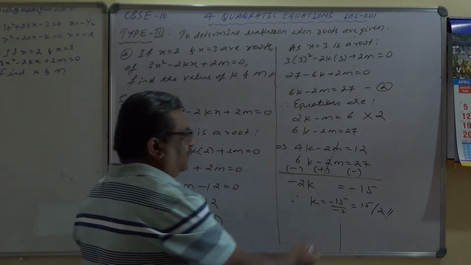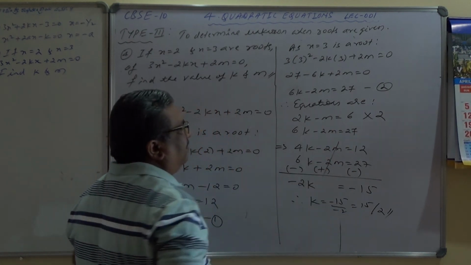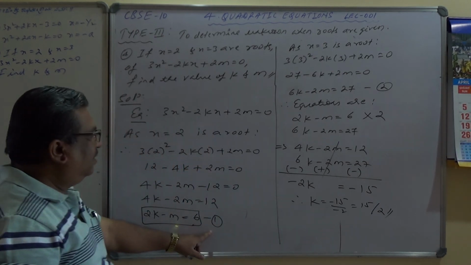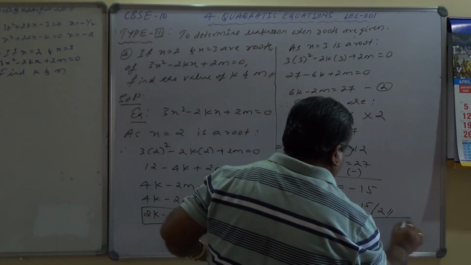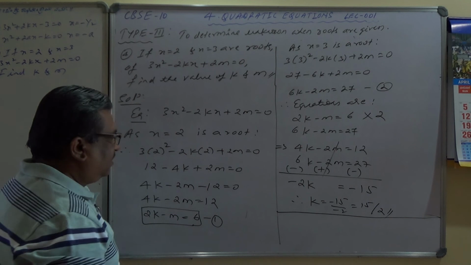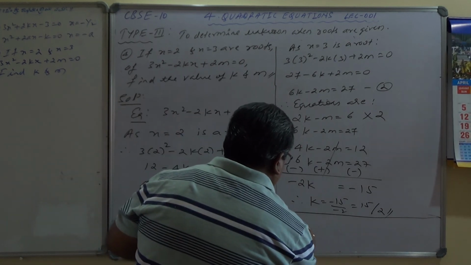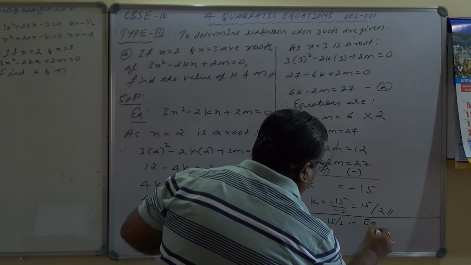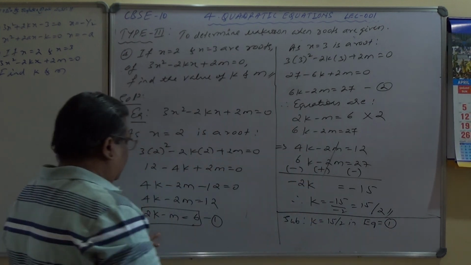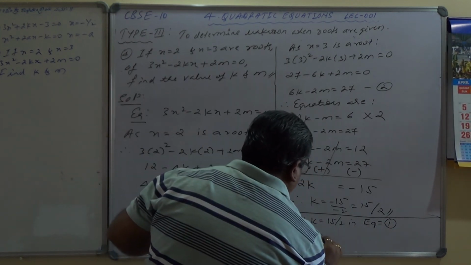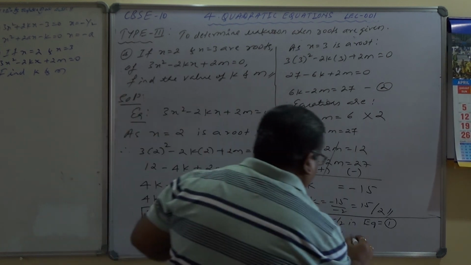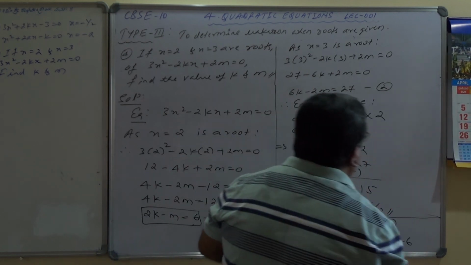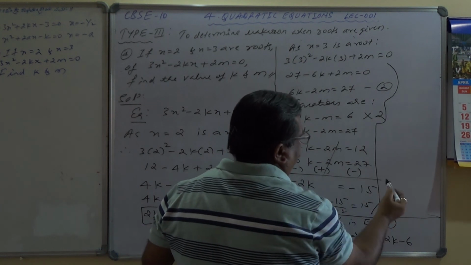Let us find the value of m. Substitute this k equals 15 by 2 in any one of these equations. Let me substitute in equation number 1 the value of k. What is equation 1? 2k minus m equals 6, or implies m equals 2k minus 6.